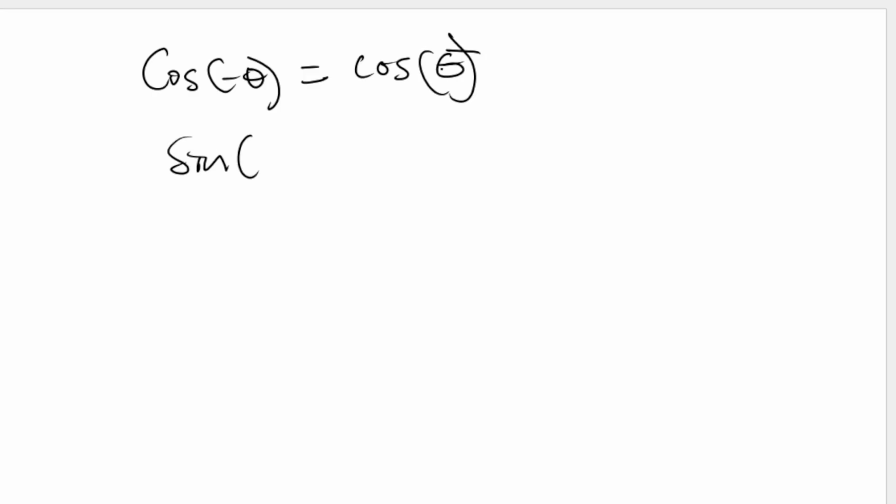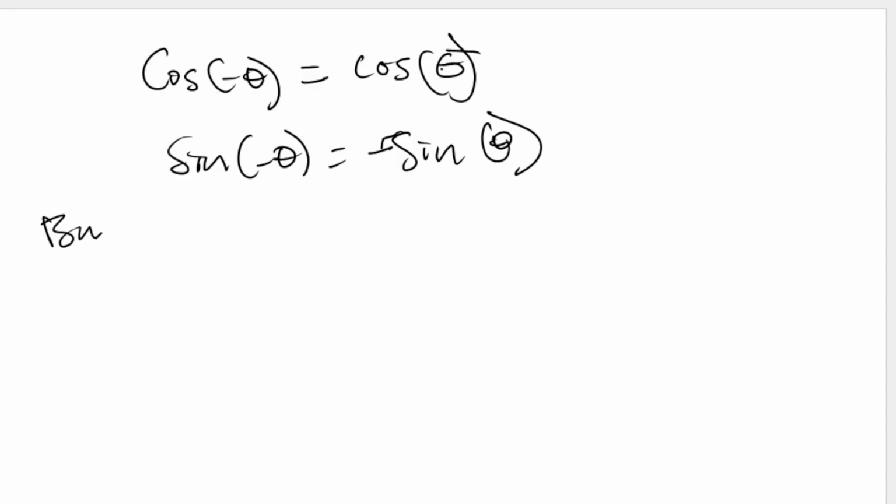When we are considering cos, if you have cos minus theta, this will be equal to cos theta. But if you have sine minus theta, this will be equal to minus sine theta. Now this is the property of trig functions. So in essence, in place of theta, we'll be using W to represent.